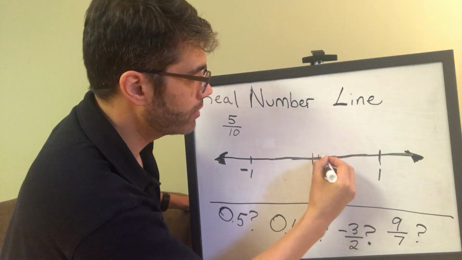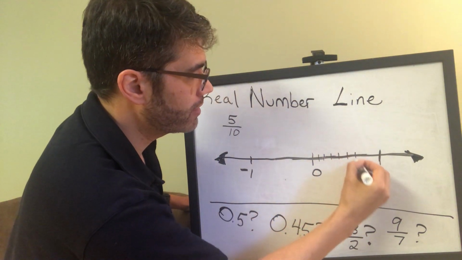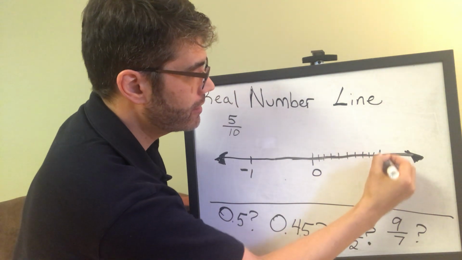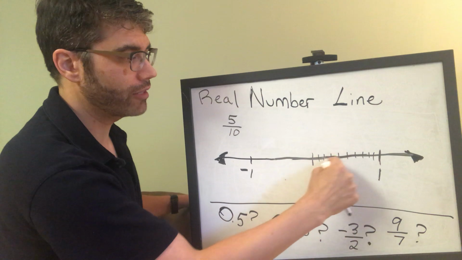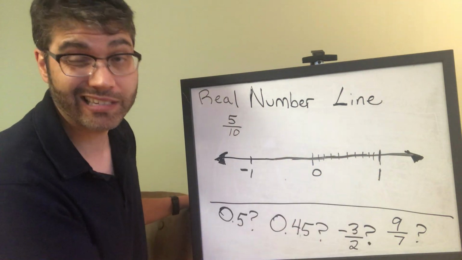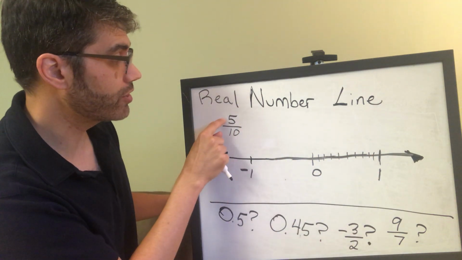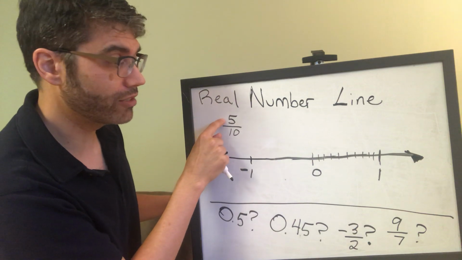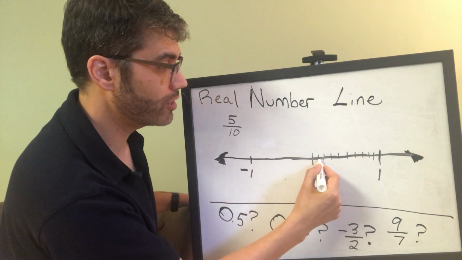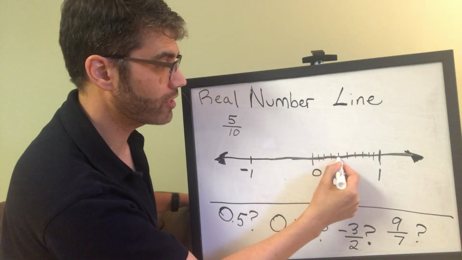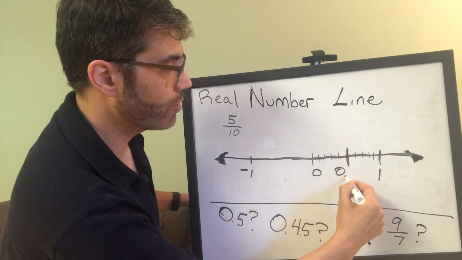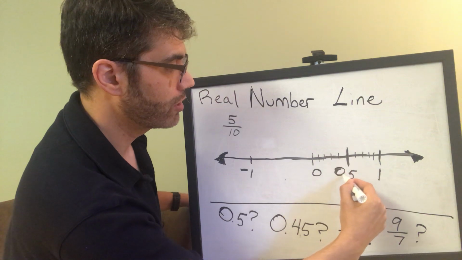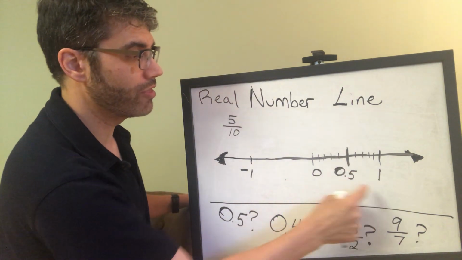So we could do 1, 2, 3, 4, 5, 6, 7, 8, 9, 10. Do you see that I split 0 to 1 into 10 little even sections, or as even as I can make them? And now there's going to be 5 of these little sections. So this is 1 section, 2 section, 3 section, 4 section, 5 section. Aha. So 0.5 or 5/10 would lay exactly in the middle.